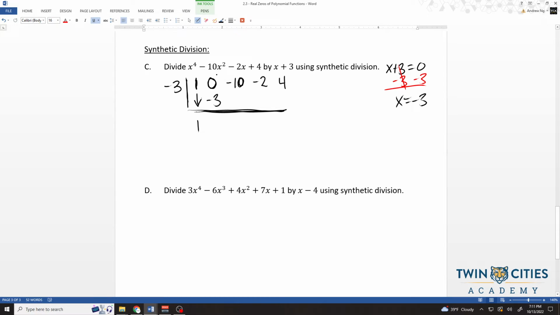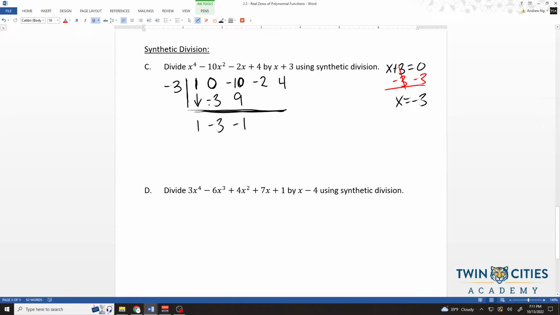And then I add straight down. 0 plus negative 3, well, that's going to make negative 3. Multiply diagonally. Take this, multiply over here. Negative 3 times negative 3 is going to make positive 9. Add straight down. Negative 10 plus 9 is negative 1. Multiply diagonally.